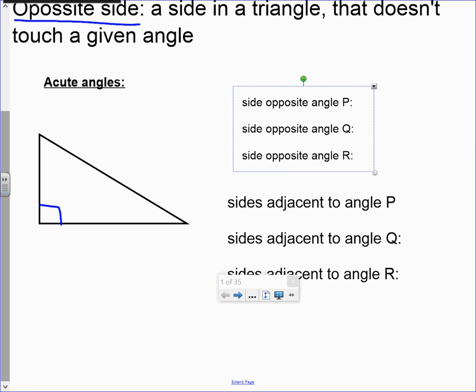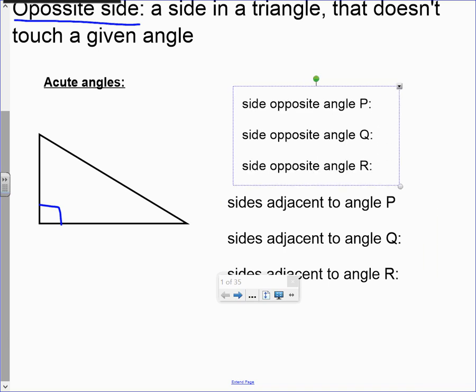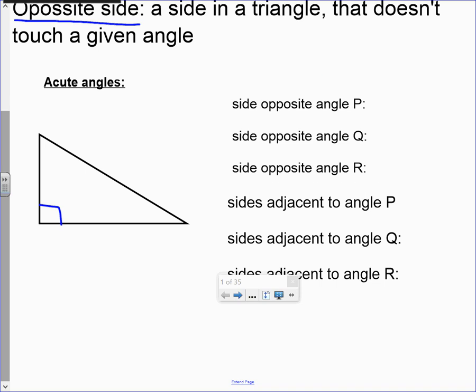You're going to write these 6 statements with a colon after every statement next to the right triangle. I'll give you a few minutes for this.